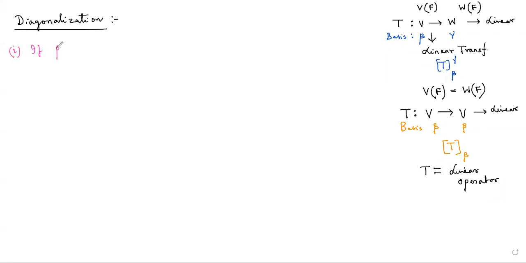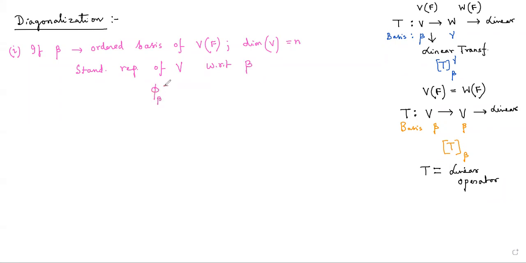If beta is the ordered basis of the vector space V over F, where the dimension of V is n, that is, the vector space is finite dimensional, then the standard representation of V with respect to this basis beta is defined by the function phi beta of x, which is of course a column vector.